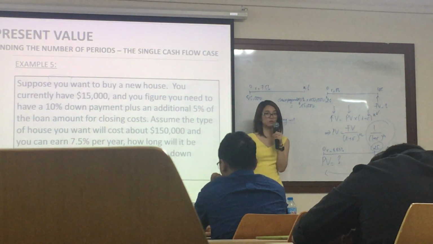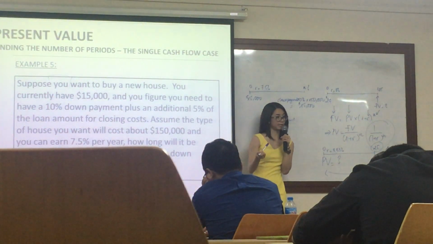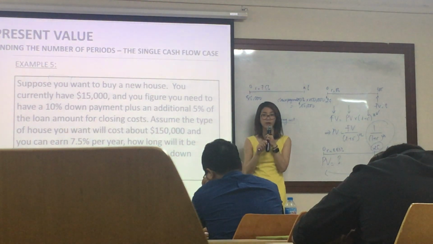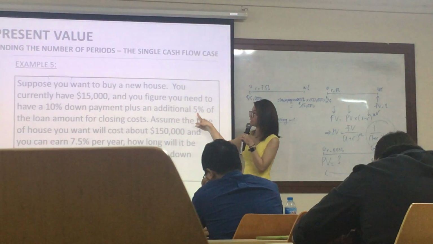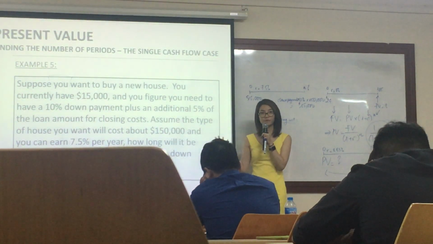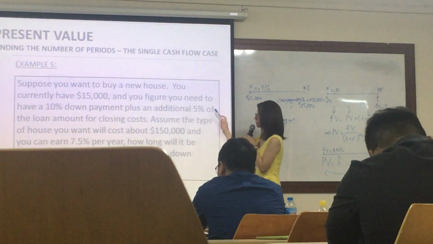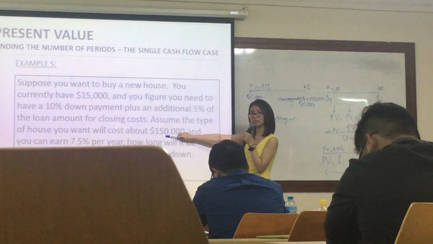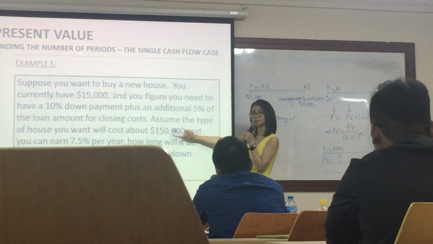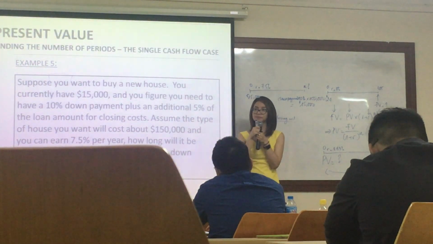You buy the house by borrowing money from the bank. And in order to borrow the money, you need to pay upfront 5% for the closing cost of the loan. So this 5% is for the amount of money you borrow. Is that right?